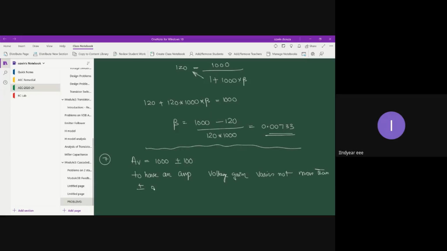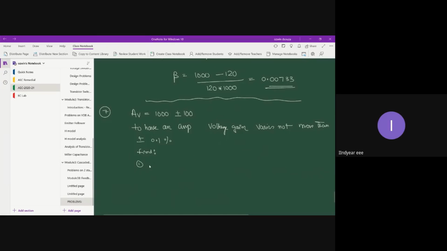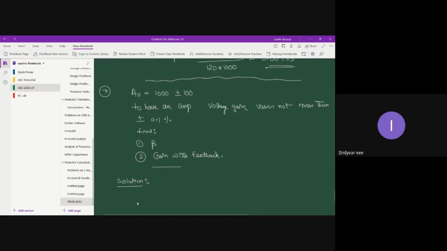Find beta, the reverse transmission factor beta, and gain with feedback. Okay, gain with feedback.